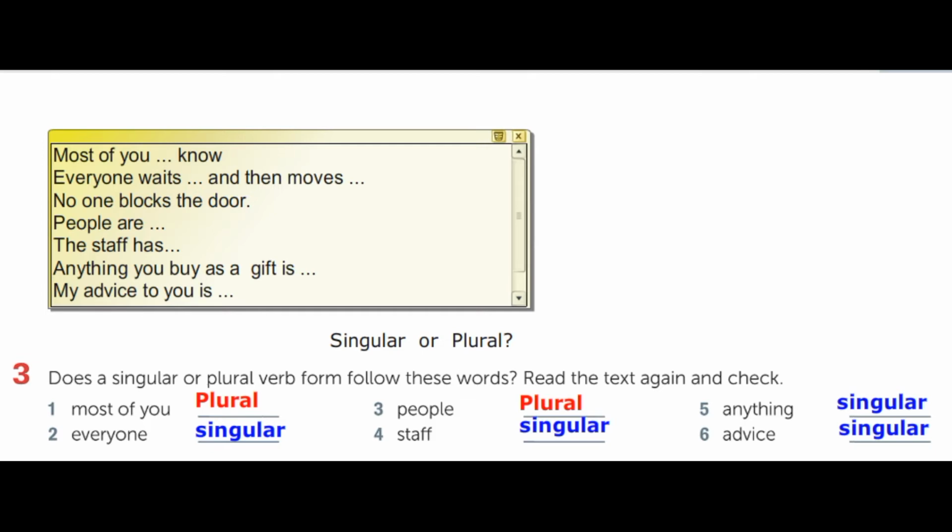Number 4, the staff has. Has for the third person singular. He, she, it. We use the verb in the singular form. Number 5, anything. The verb is in the singular. Anything you buy as a gift is. And number 6, my advice to you is. My advice. Advice is an uncountable noun, and the verb form used for advice is in the singular, right?